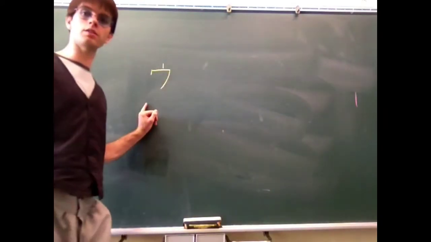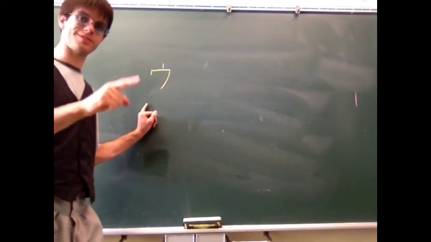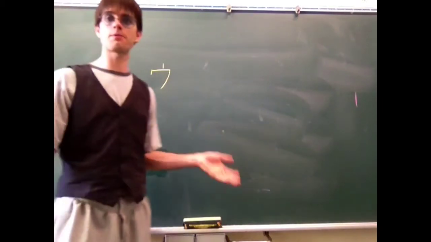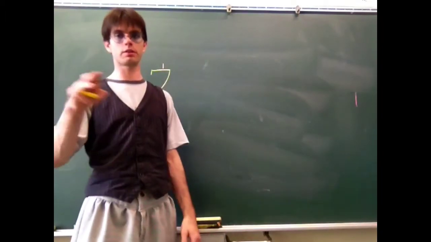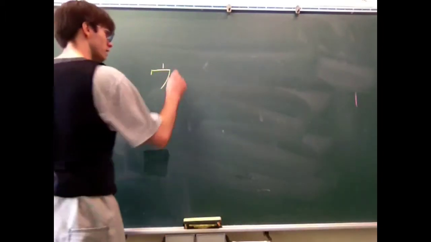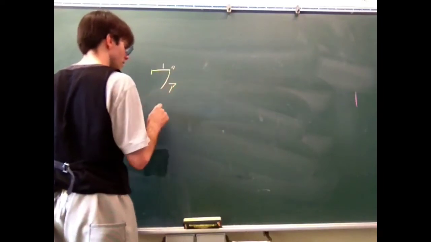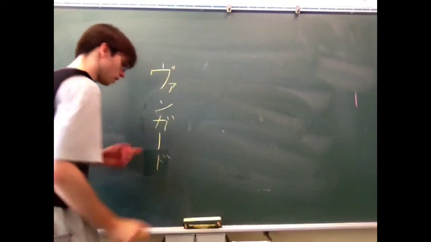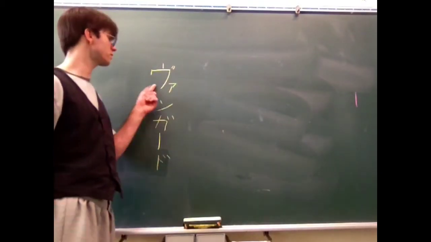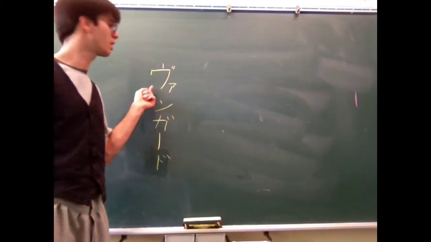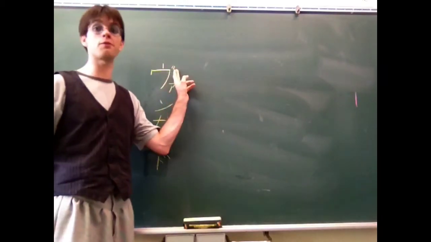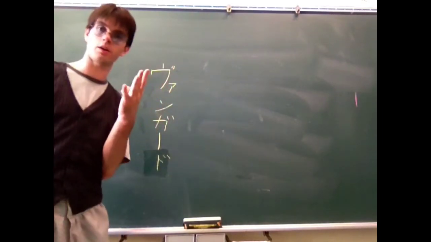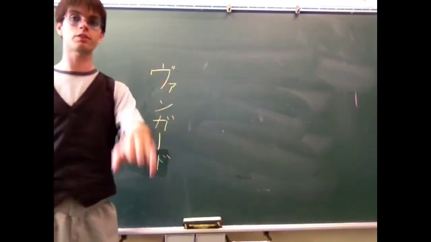U can be made into W sounds and V sounds. So for instance, what is it? That game Vanguard that people play, that's the card game and I guess is an anime now? Vanguard in Japanese is written like this. Vangaado. I'll talk about this thing in a second, but this is the part we're talking about right now. Take u, put ten on it to make vu, and then put a small vowel, one of the vowels, a, i, u, e, or o, next to it, to replace its normal vowel.